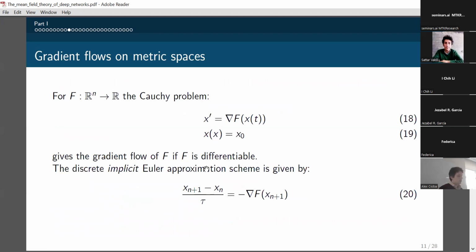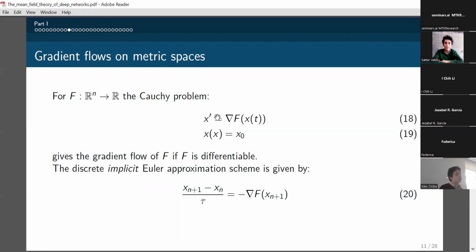So again, this is somewhat of a standard perspective in machine learning at the moment, but we'll spend a little bit of time looking at this. So gradient descent in Euclidean space is given by the following Cauchy problem, right?